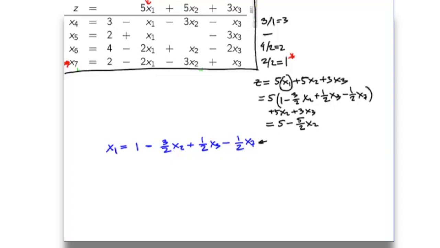Now the coefficient for x3 will be 5/2 from here and 6/2 from here. So 5 plus 6 will be 11/2 x3. And finally the coefficient for x7 will be minus 5/2.